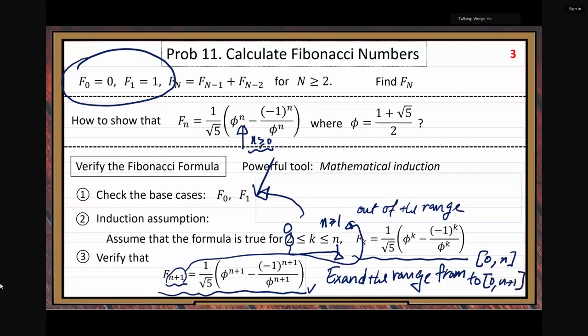If you can keep expanding your range in this way, then you can cover all the non-negative integers n. That's the essence of this method. We can keep expanding our range in which the Fibonacci formula is true. So you can see we only need to do the last step, then we are done.